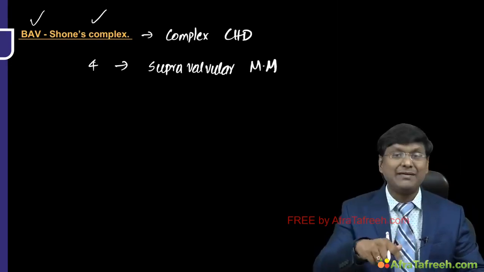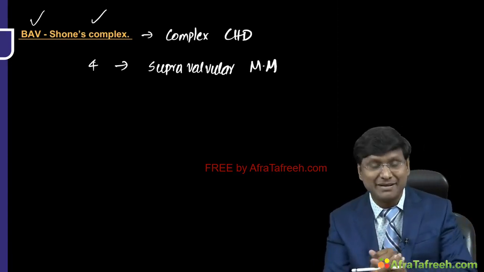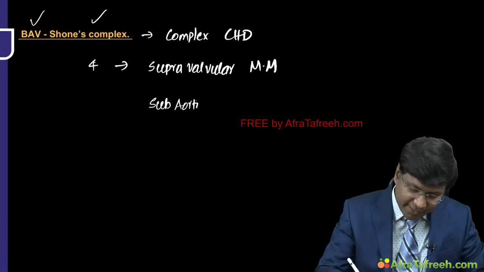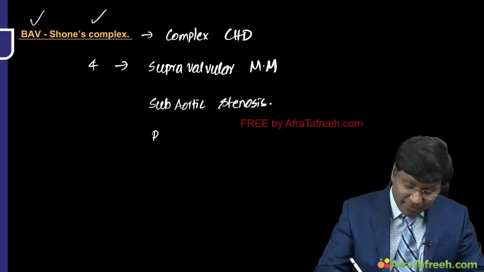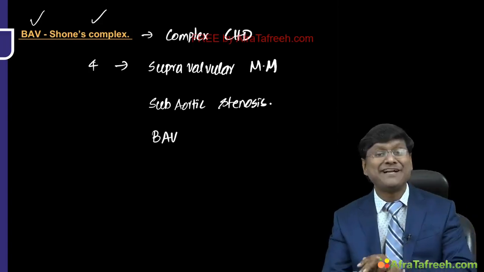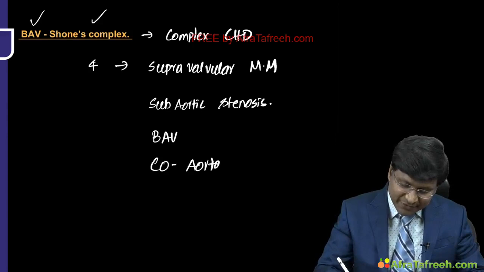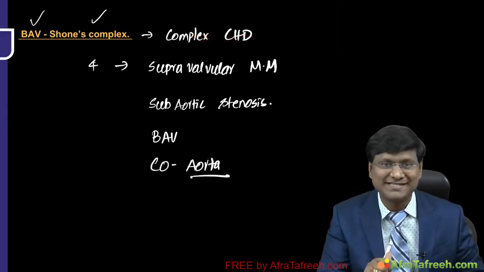So you have a mitral valve annulus. Above that, you have a membrane, supravalvular mitral membrane, then subaortic stenosis, right? Then aortic valve anomalies like bicuspid aortic valve, and then followed by that the coarctation of aorta. So these are the 4 components of the Shone's complex, right?